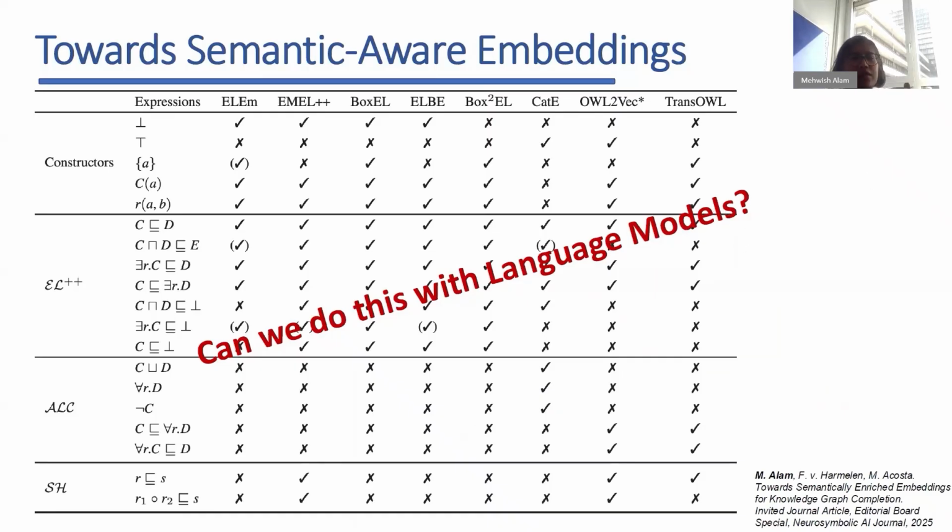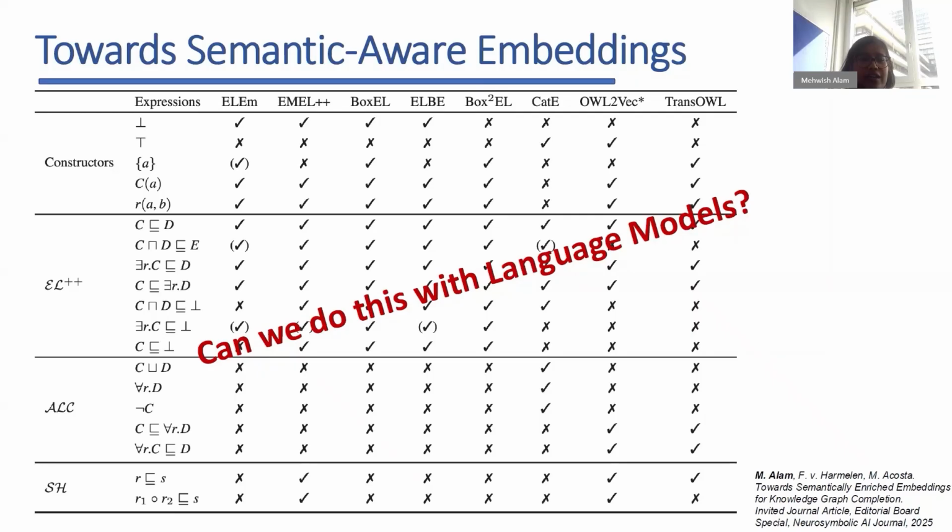What you see in front of you are the different embedding approaches which consider these levels of semantics. So you have OWL, and you have the box embedding based ones. For example, OWL2Vec is based on doing graph walks over the schematic information, and box embeddings are used by some of the others, like Box2EL. These take care of the constructors that you see on the side.